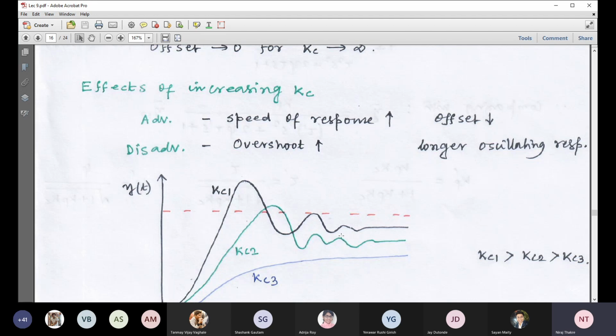So you do one thing, from this peak, you draw a straight horizontal line. Student, you follow what I'm saying. It means that the green color reaches steady state before this black color. From here you draw the horizontal line, offset. It means it reaches the steady state faster than that of the black one.